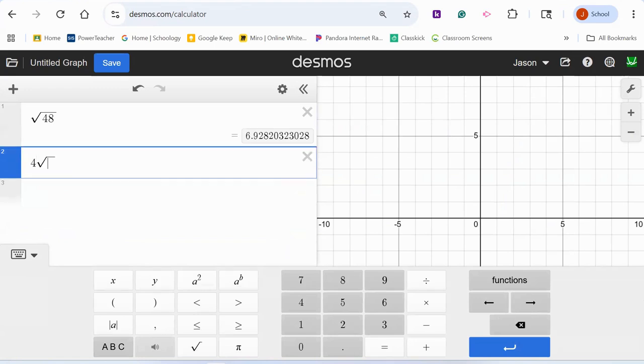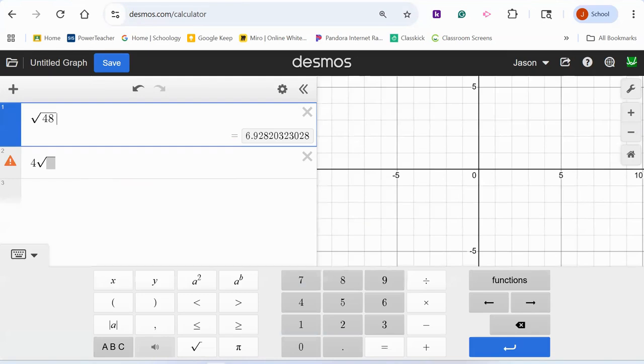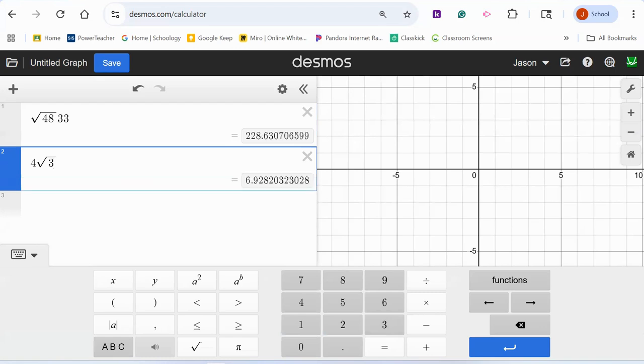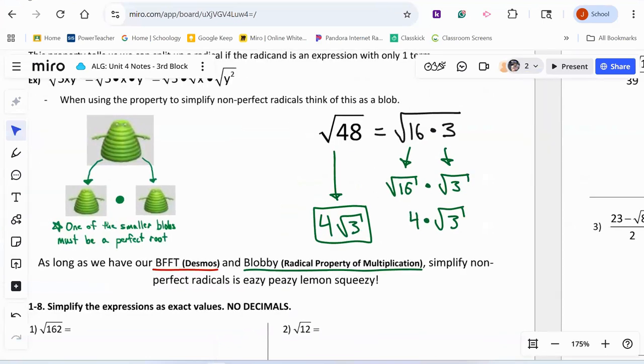You can always check your work and see if you did it correctly. You can see, guys, you get the same exact decimal, which is how you would check your work to know if you actually simplified it properly.